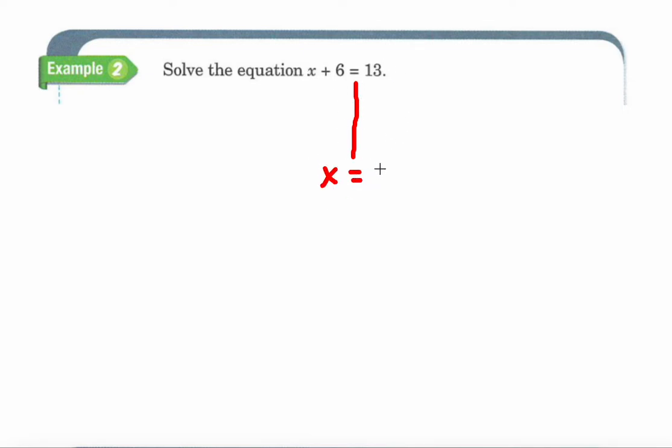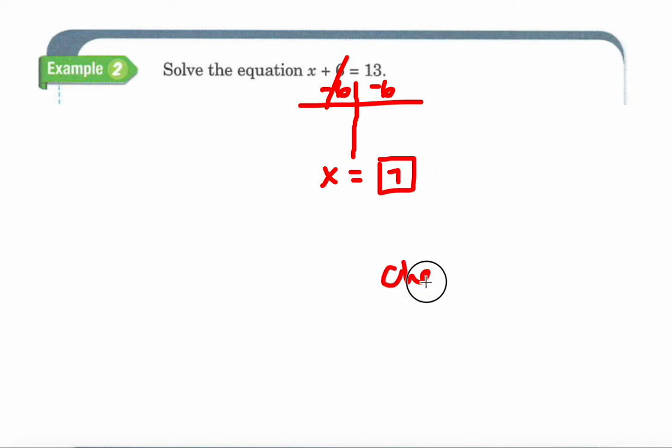At the end, I want an answer for x, so I need to get rid of this plus 6. In order to get rid of it, I need to subtract 6, and to keep it balanced, I also subtract 6 on the right-hand side. Then I just get x left over on the left, and the right-hand side is 13 minus 6, which is 7.